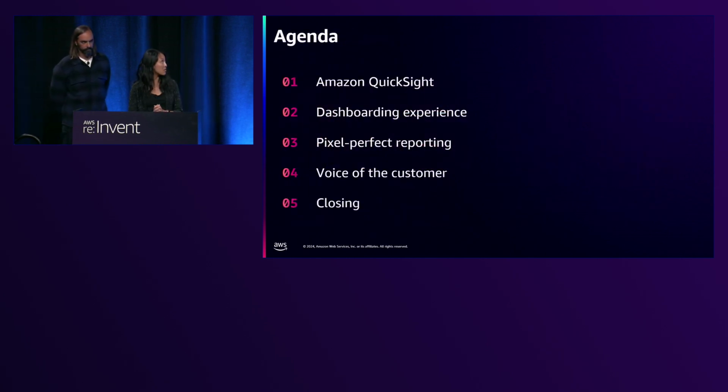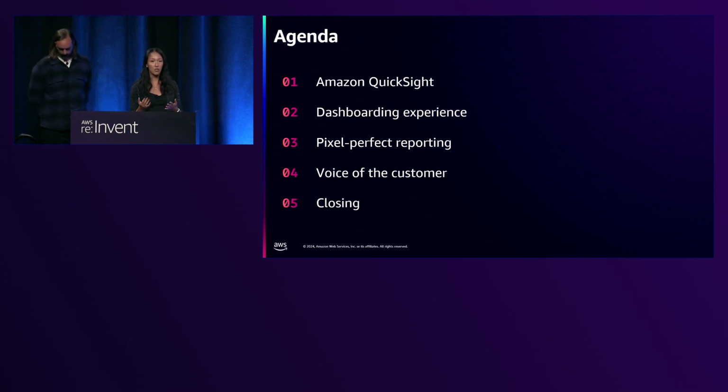So we have 60 minutes together. We structured the agenda into two sections. For the first 30 minutes, we will be sharing with you an overview of Amazon QuickSight and why it has become some of our customers' most favorite as well as preferred platforms for democratizing insights at scale.